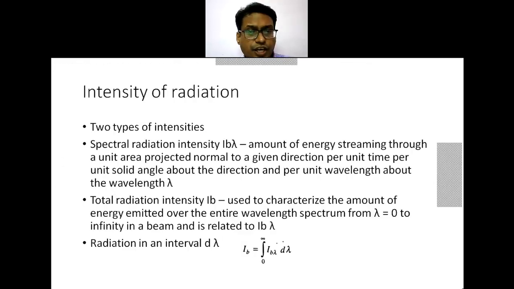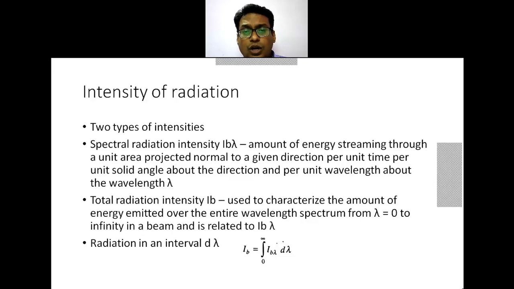The next is the intensity of radiation. There are two types of intensity of radiation. The black body emitting radiations in all directions can be visualized by considering an elementary area, and the radiations will be wholly intercepted by a hemisphere of a given radius. The two types are the spectral radiation intensity, defined by IB lambda, and the total radiation intensity, defined by IB.